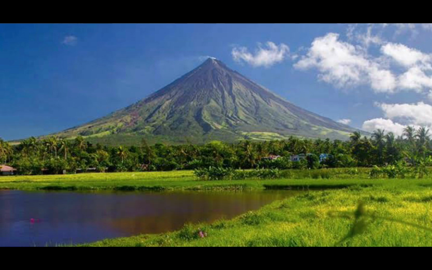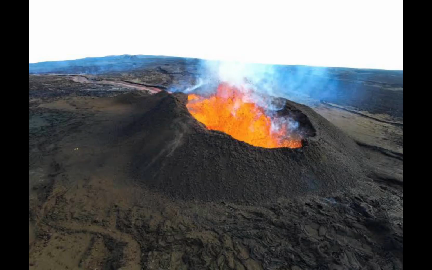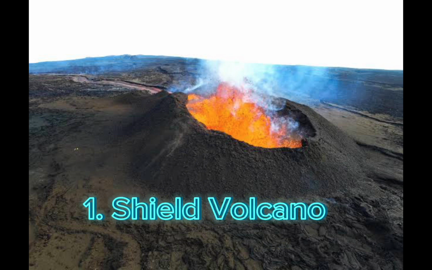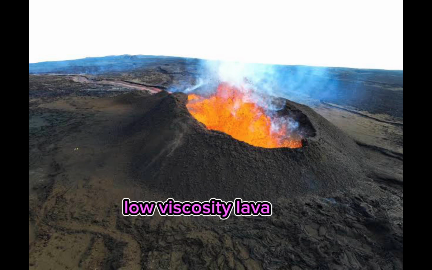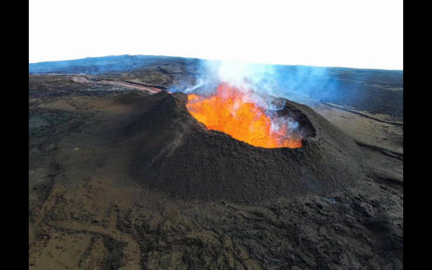Please listen carefully. The first on the list is the shield volcano. This is named for their broad, shield-like profiles which are formed by the eruption of low-viscosity lava that can flow a great distance from a vent.